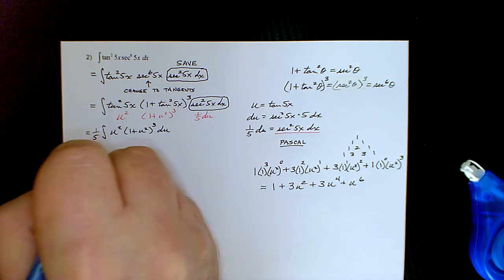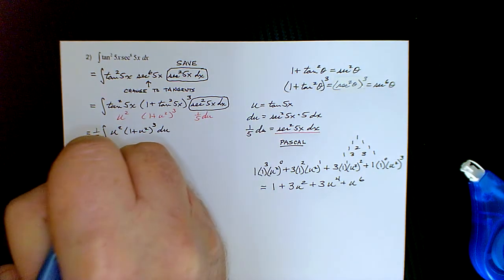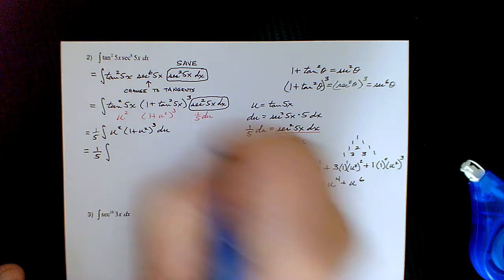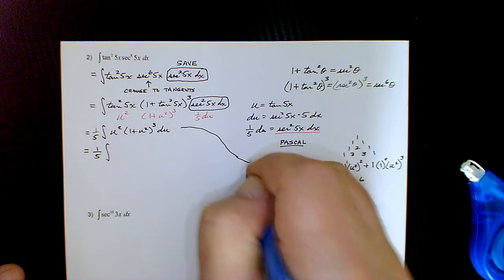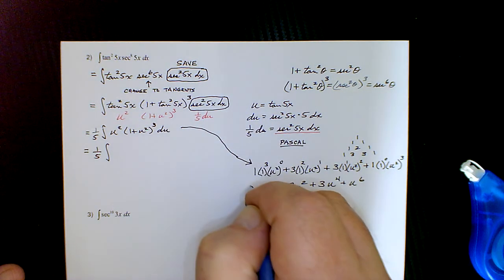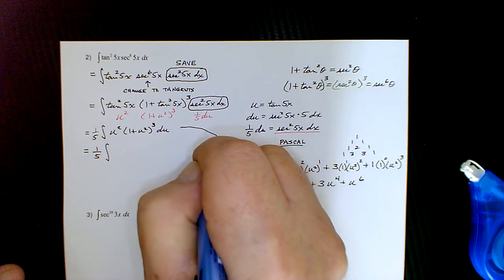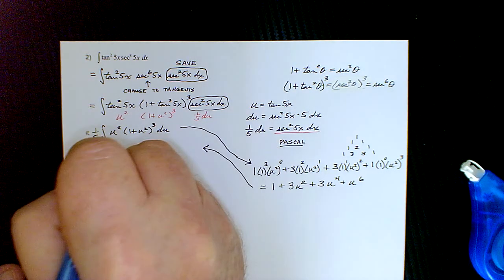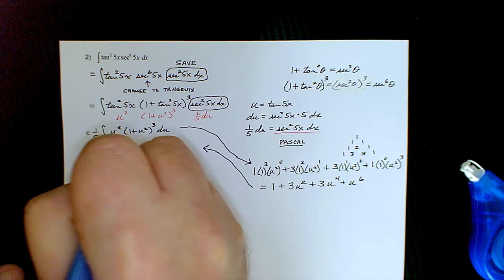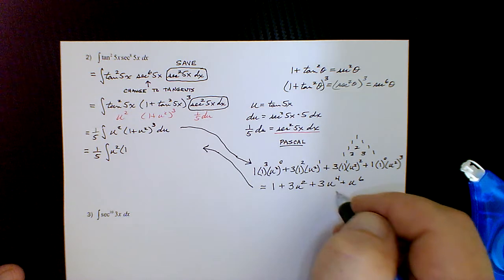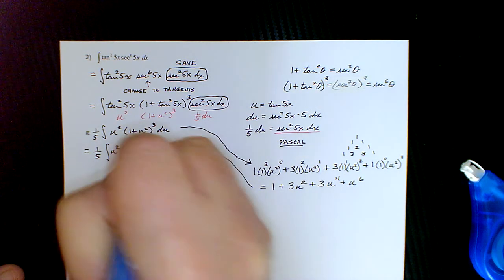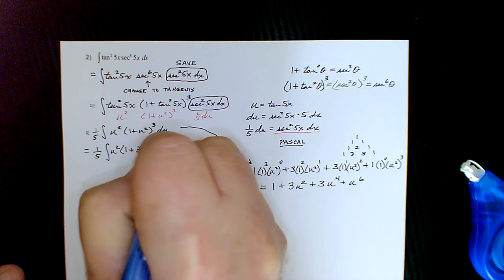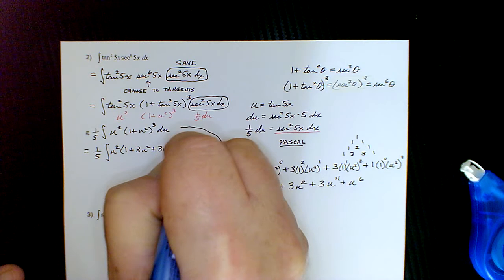Okay, so back to the integral, 1/5 integral. So if you want, we went here, and then back to here. u squared, replace 1 plus u squared cubed by what we just found, and that was 1 plus 3u squared plus 3u to the fourth plus u to the sixth.